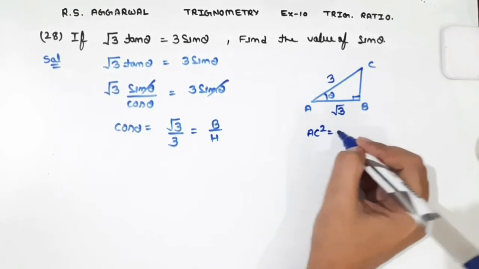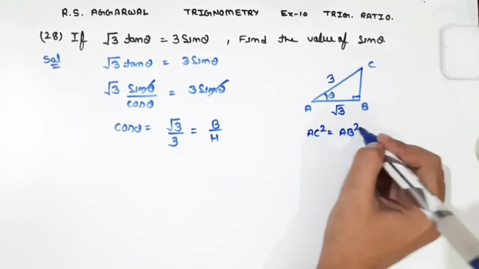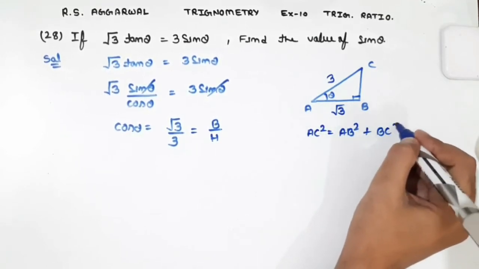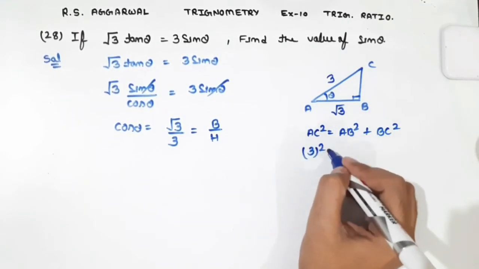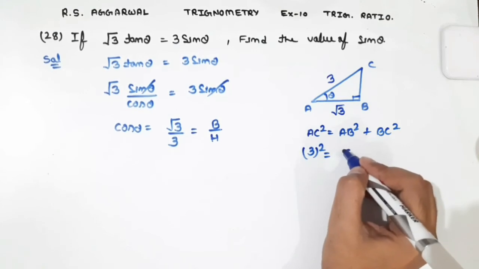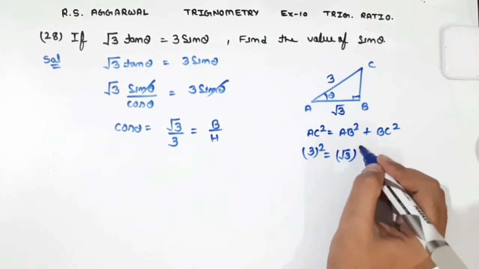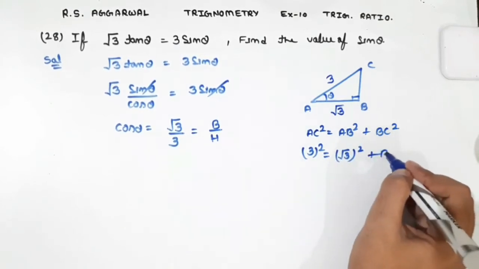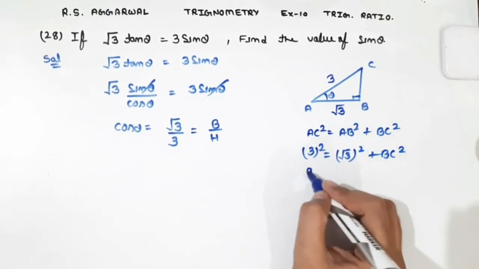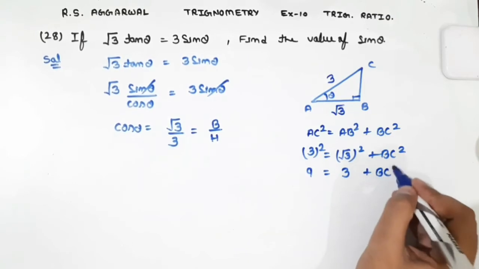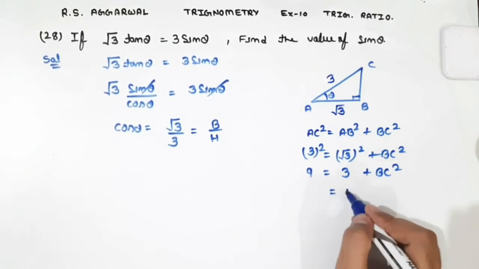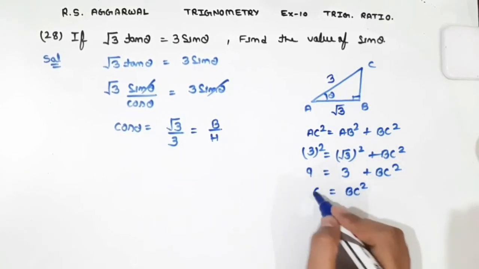So in right angle triangle ABC, AC square will be equals to AB square plus BC square. So AC is 3, AB is root 3, plus BC square. So 3 square will be 9, root 3 square will be 3 plus BC square. So from here BC square will be 6.